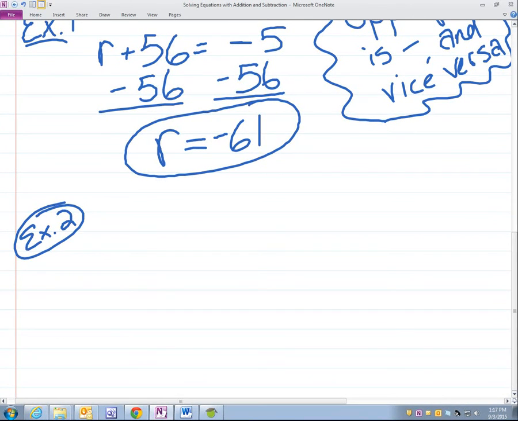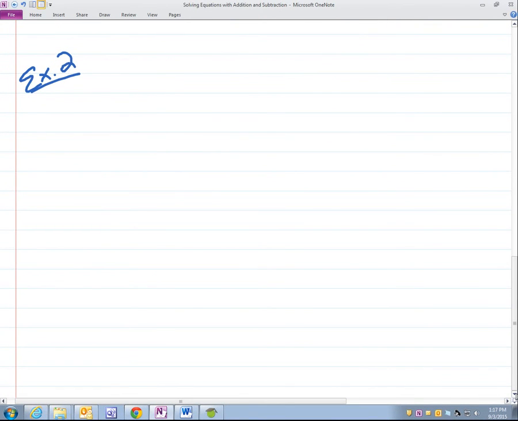Example 2. Y minus 9 equals negative 17. Y minus 9 equals negative 17. 9 is being subtracted from y. So if I'm going to make that go away, Amal, what do I do?